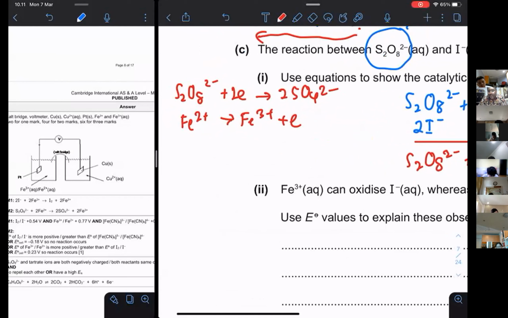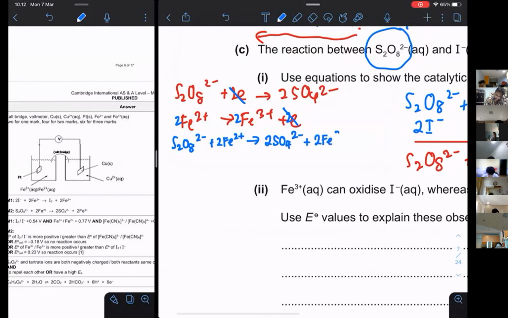First, balance the electrons: times 2. When I add, the electrons cancel. So the first equation is S2O8 2 minus plus 2Fe2 plus gives 2SO4 2 minus plus 2Fe3 plus.